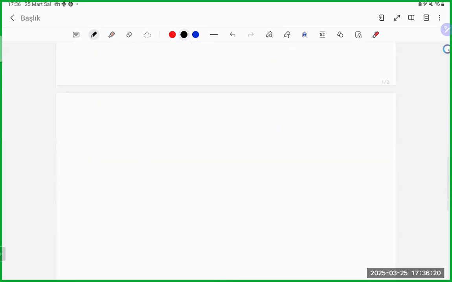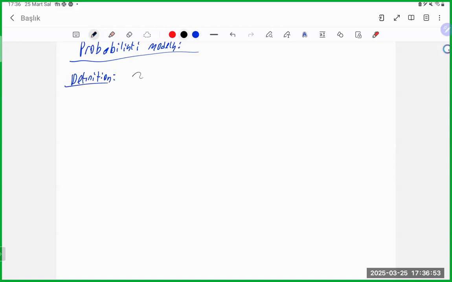Okay, so now I will define probabilistic models. Probabilistic models are probability distributions which we assign to these contextuality scenarios. Definition. Let H be a contextuality scenario.